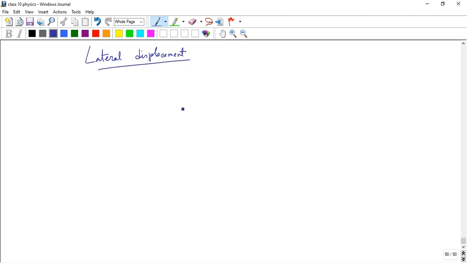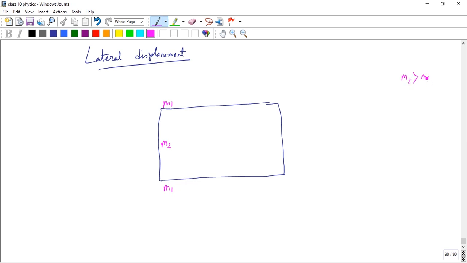First we consider a glass slab here. There is medium 1, that is medium 2, and that is also medium 1. We say that medium 2 is denser than medium 1. So light travels from the rarer medium to the denser medium.